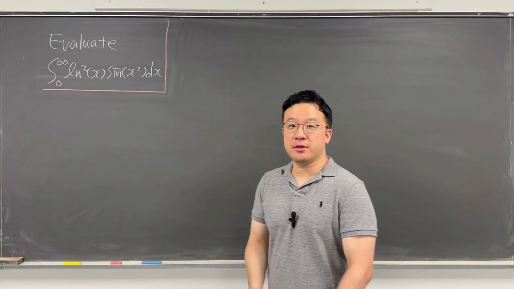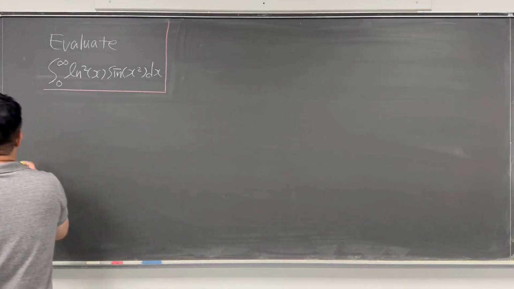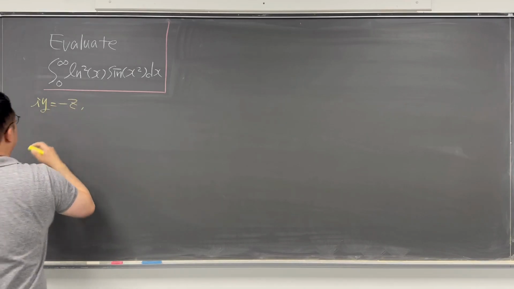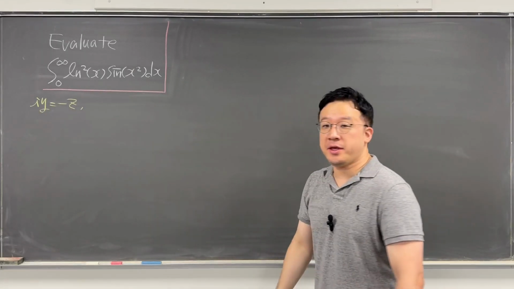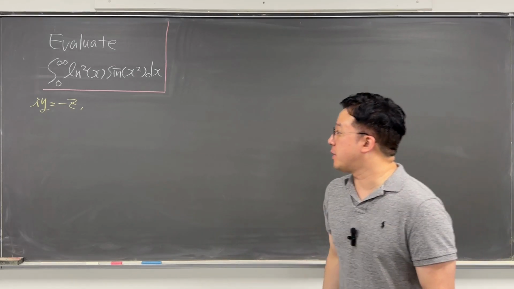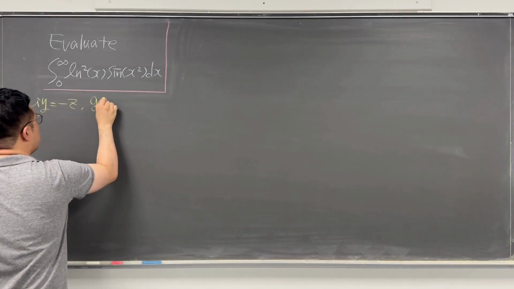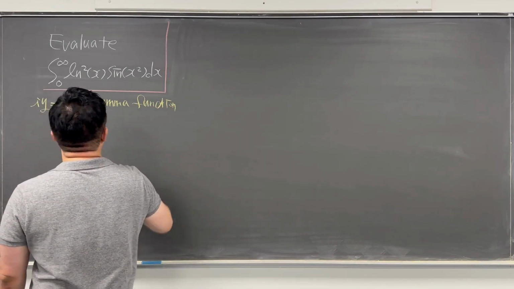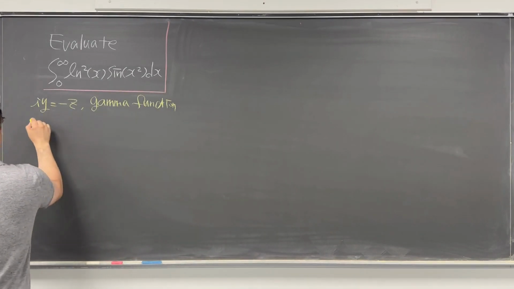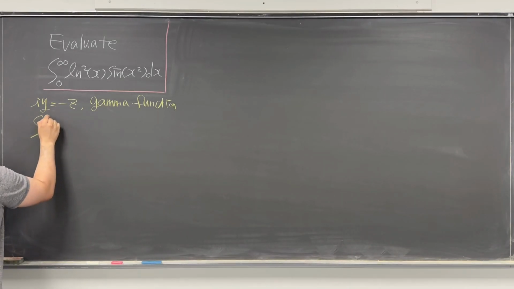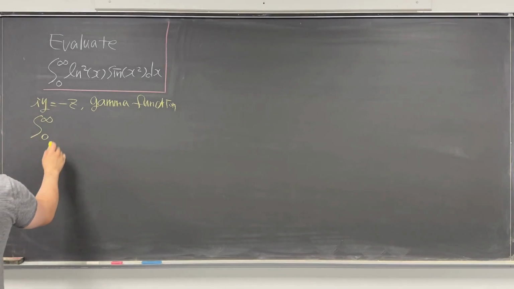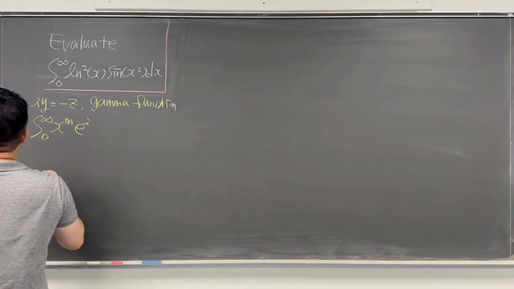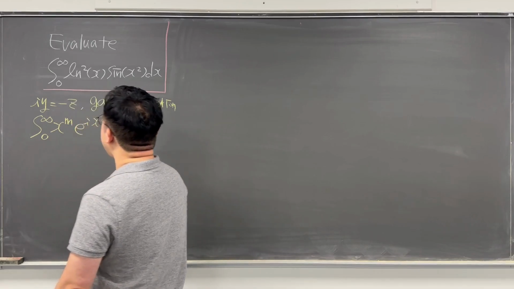Okay, from the previous result, let's change some variable, as this i, now y, as now negative z. Then at the same time, we'll be using the gamma function to represent the previous result, right? Then we should be working on something like the integral from 0 to infinity of x to the power of m, and we have e to the power of i times x to the power of n, dx.